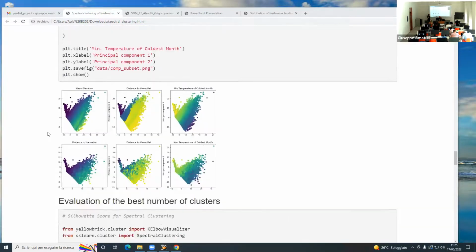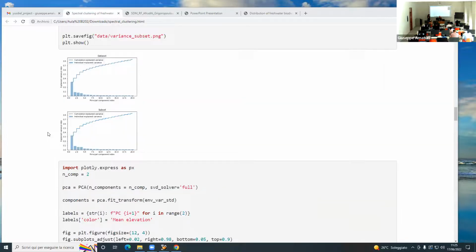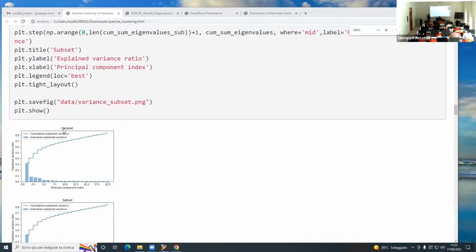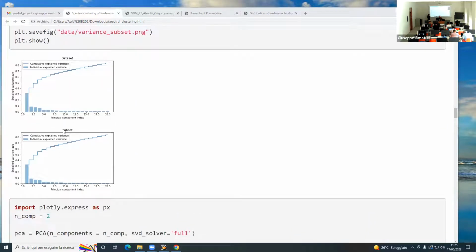So yeah, I really like the way you came up with, suggested with Antonio, the sampling strategy to see if all the variability has been explained. Quite often we can have a very small number of points, for example for species with few records, but in other cases we have billions of points that of course we cannot analyze all of them. So this is a very nice example of how you compare, with the principal component analysis, the explained variance.